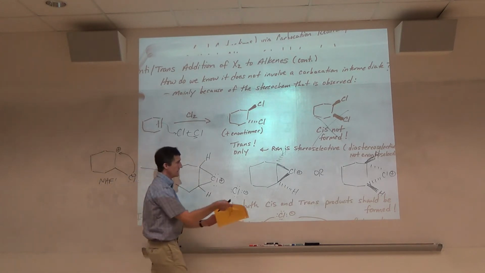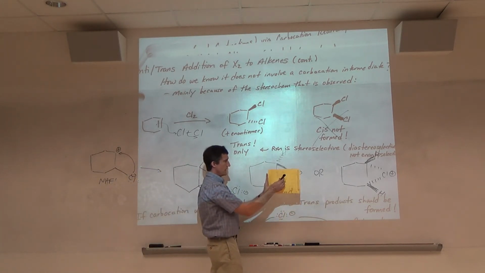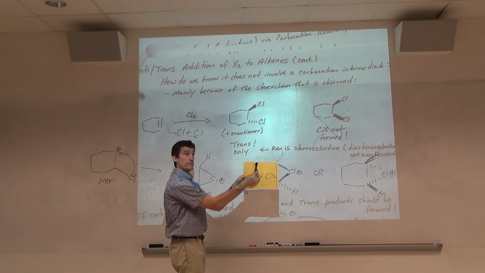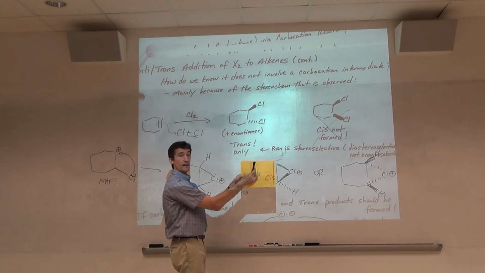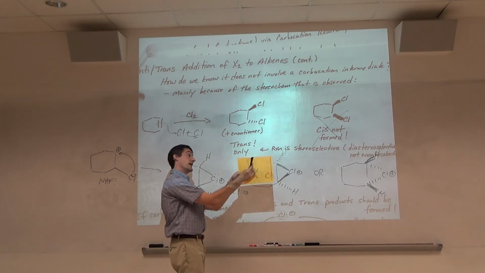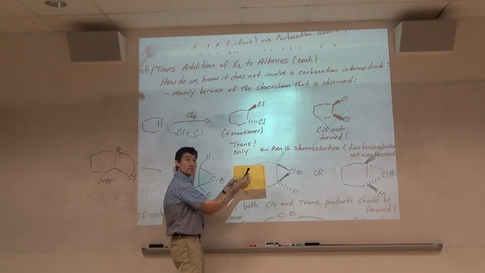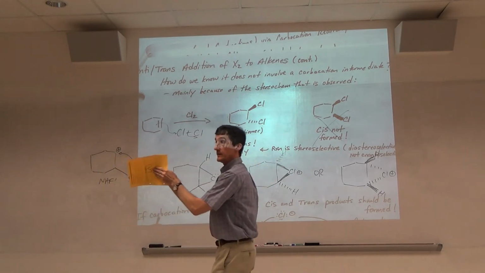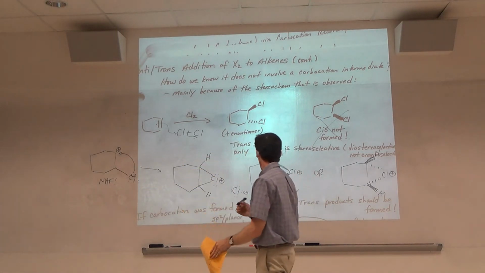So if this chlorine is sticking out towards you, that's what the bulb means. How does the other chlorine come in and attack the carbon? It comes in from the hall, because that's the backside compared to this. Or if it was this way, it would come in this way.